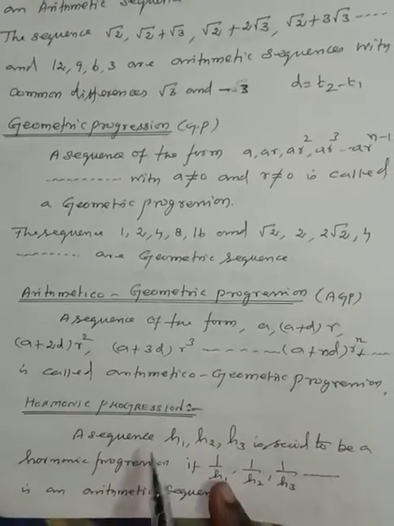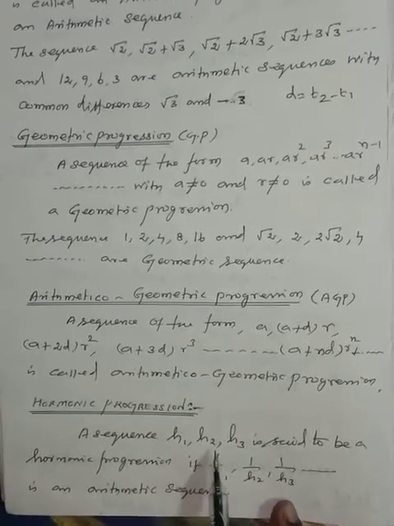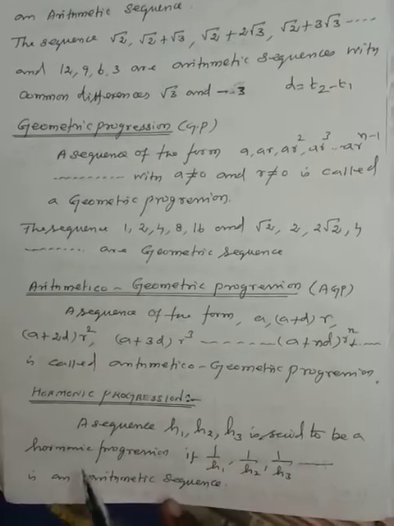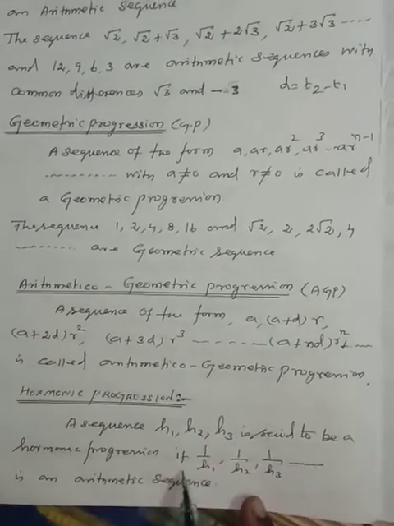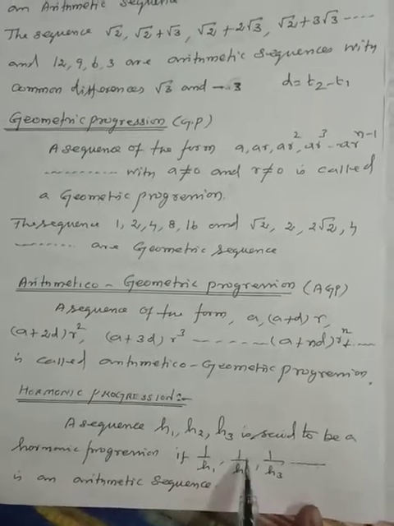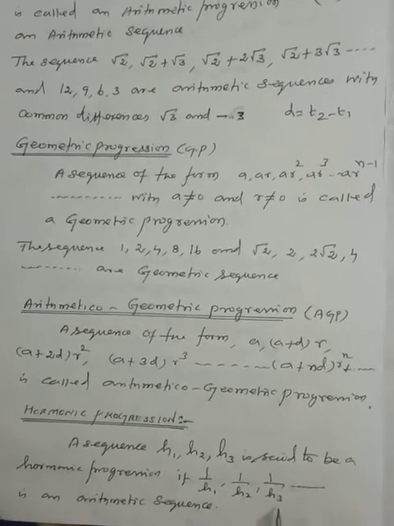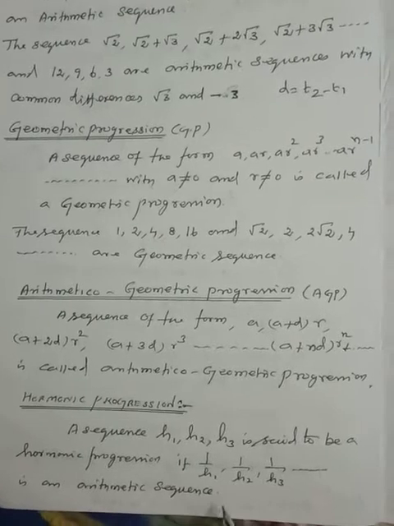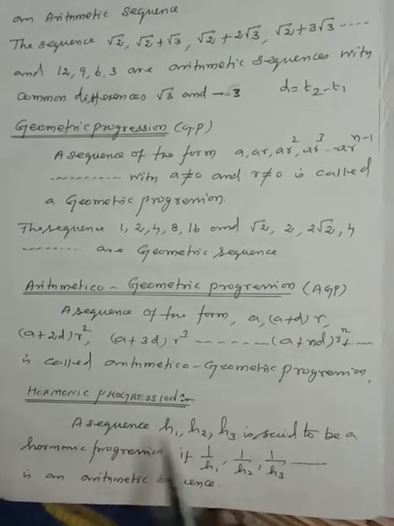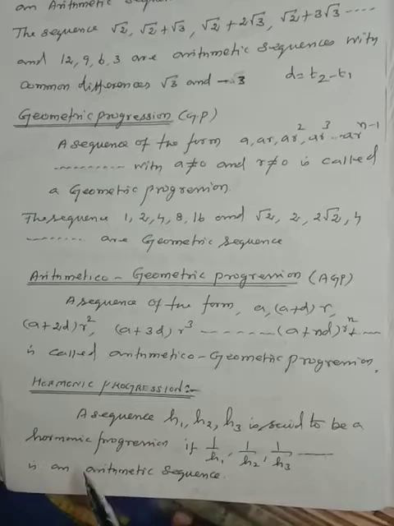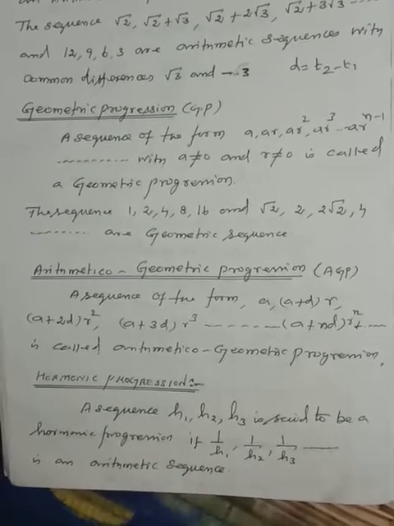Harmonic progression next. A sequence h1, h2, h3 is said to be a harmonic progression if 1 by h1, 1 by h2, 1 by h3 and so on is an arithmetic sequence. The reciprocal of the series is a harmonic progression.